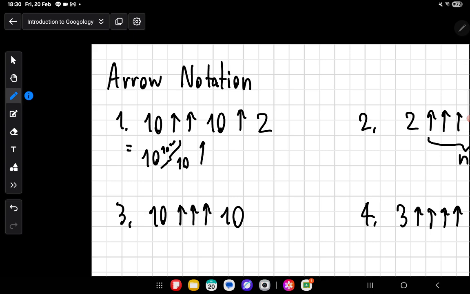Then we will up arrow that by 2. So for convenience, I want to label this as A, which means it's going to be A to the power of 2. This means it's 10 to the power of 10 to the power of 10 to the power of 10, and so on. So it's 10 double arrow 10, to the power of 2. And that is how we calculate it. First question, clear.